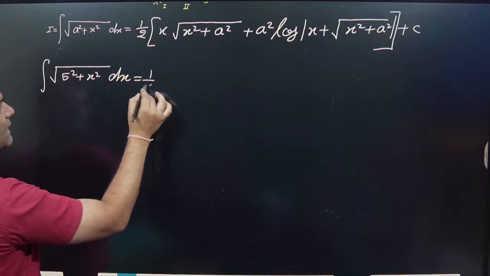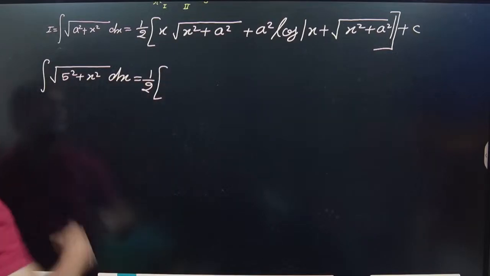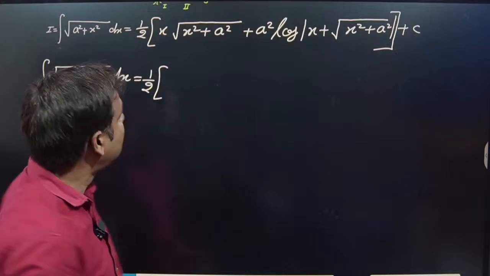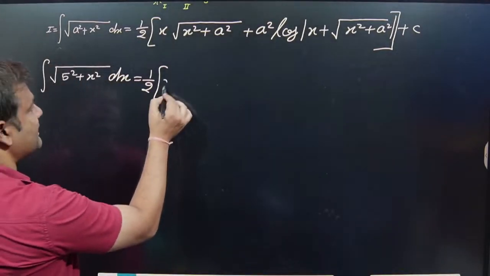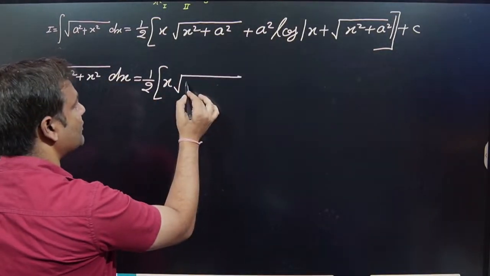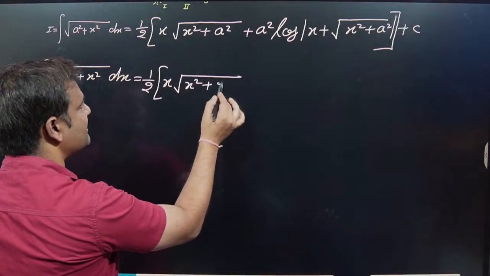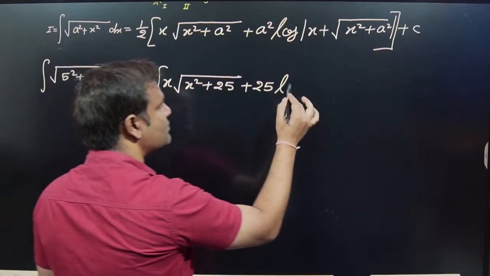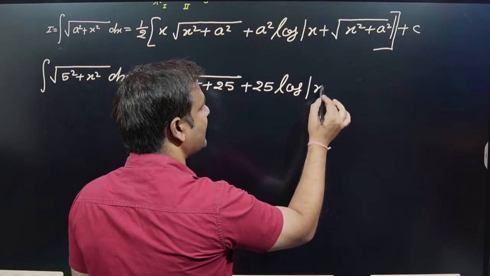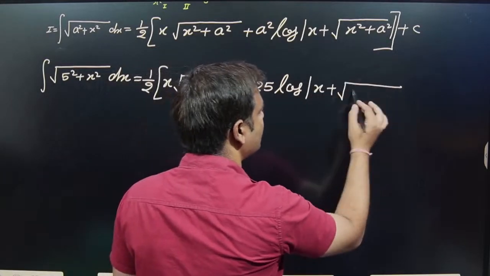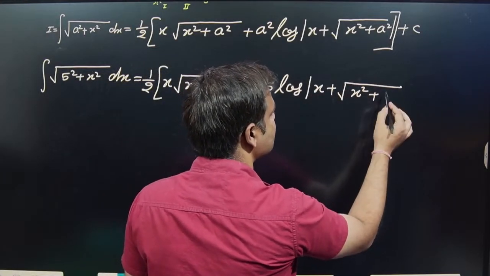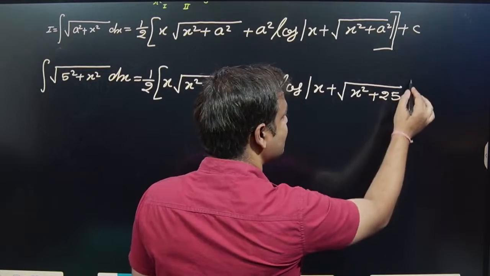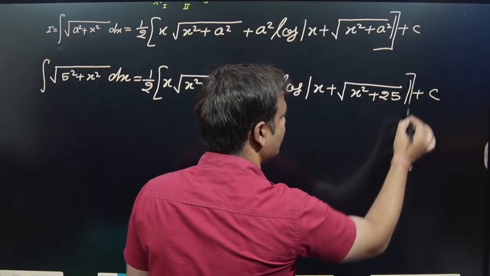So apply that formula, a replaced by simply 5. So you can say that x under root x square plus 25, plus 25 into log of modulus of x plus under root x square plus 25, plus c. I hope so clear.